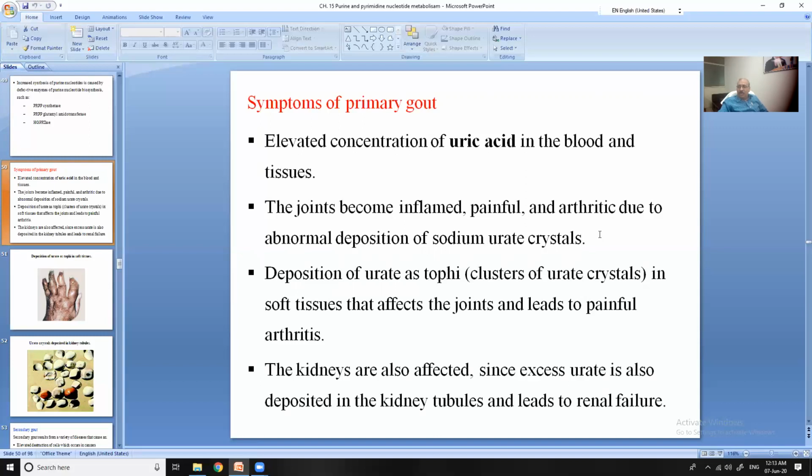Okay, so I told you that uric acid remains bonded with sodium as sodium urate. These crystals are deposited in the joints, causing the joints to become inflamed, painful, and arthritic due to abnormal deposition of sodium urate crystals.